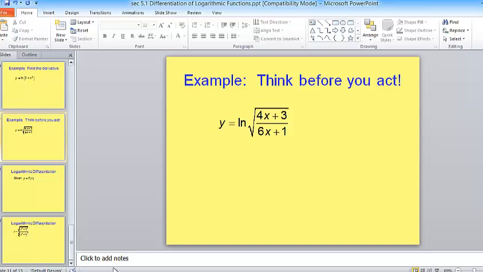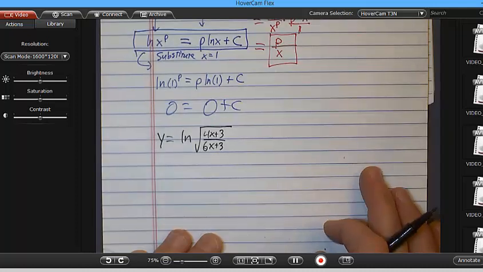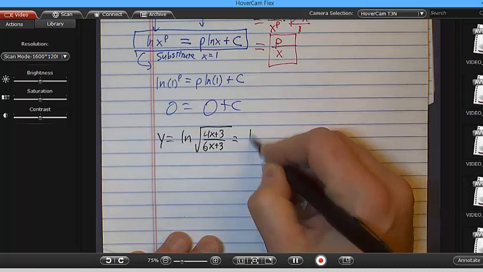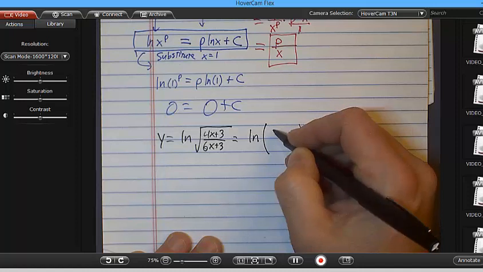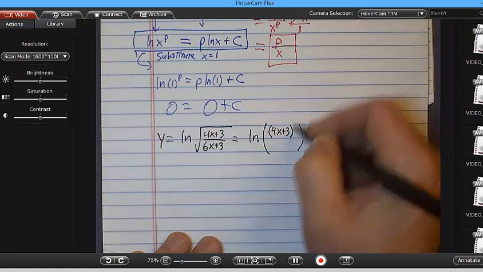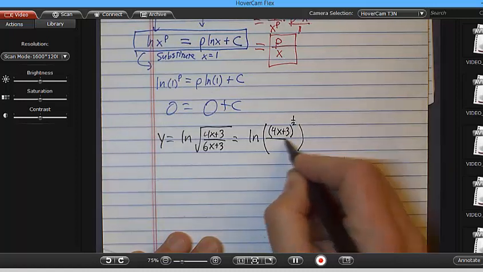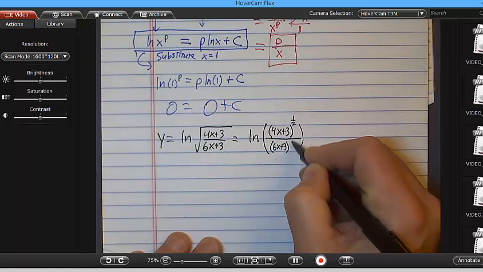First of all, that square root, what am I going to do with that? Okay, we can break it up into two. We can write it as the natural log of 4x plus 3 to the 1/2 power divided by 6x plus 3 to the 1/2 power.